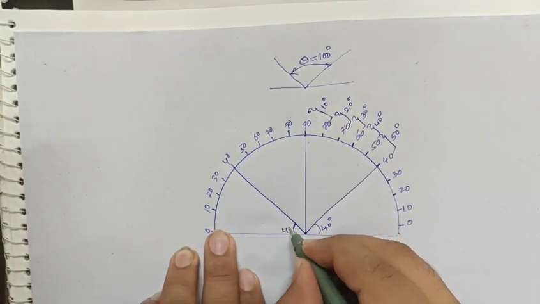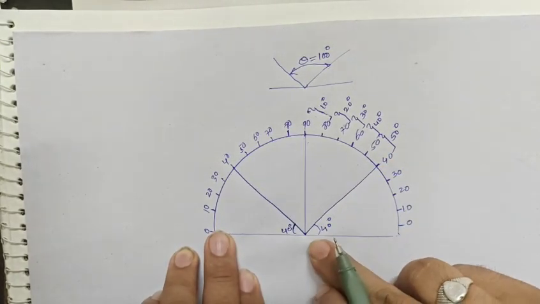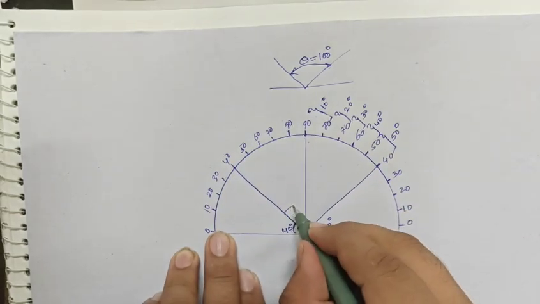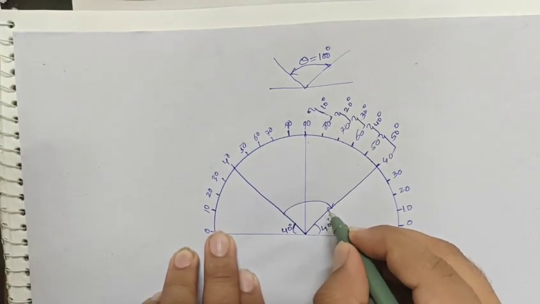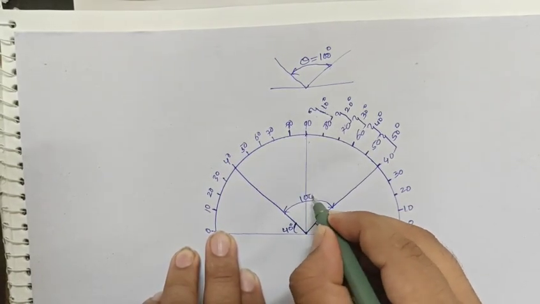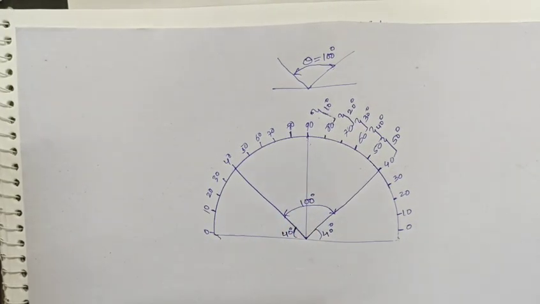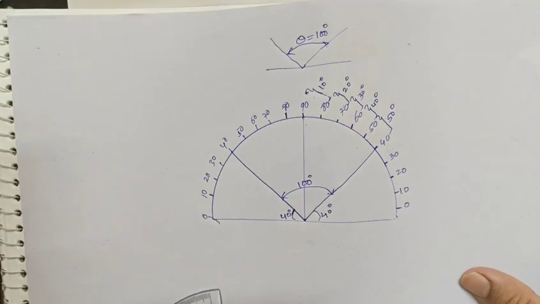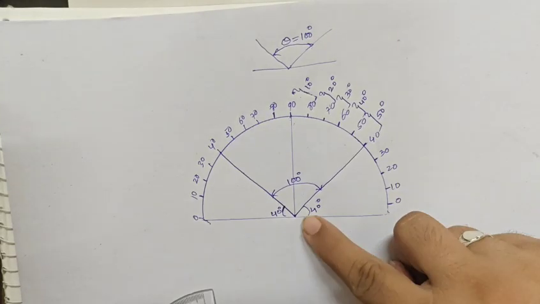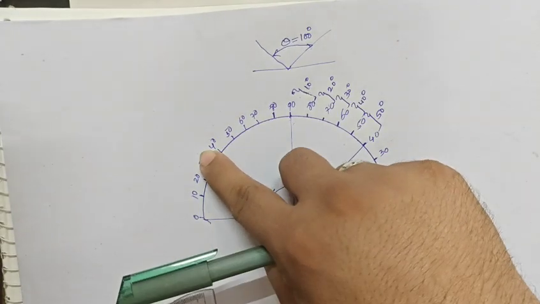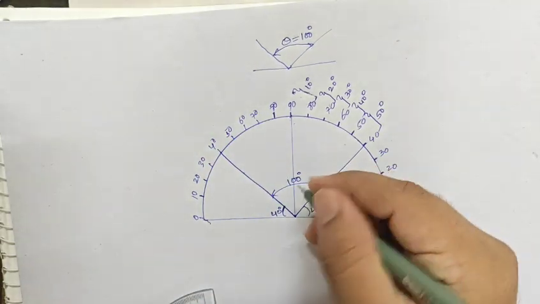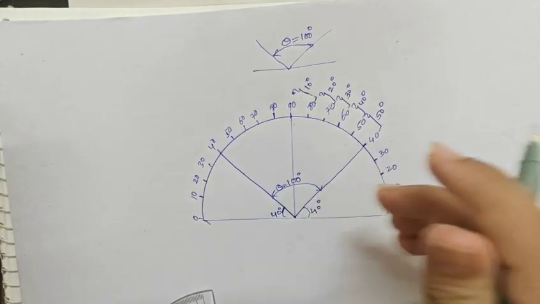If you take the angle 40 from this side and 40 from this side, then the subtended angle you will get is 100 degree. The same concept we need to draw in this problem. From this side 40 degree, from this side 40, you will get the subtended angle of 100 degree. Clear?